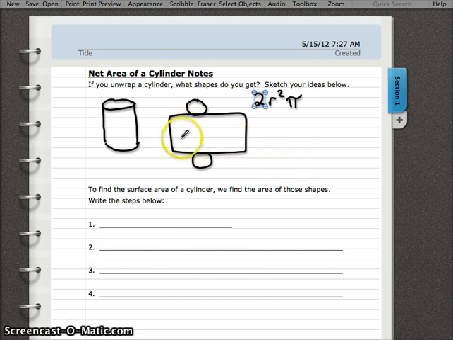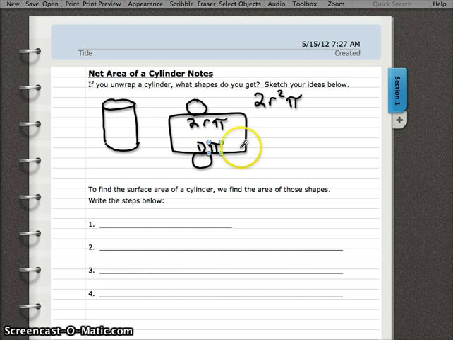The trick with the rectangle, however, is that normally you're not going to know this base length of your rectangle. But to figure it out, think about how this line wraps around the circle to give it that cylindrical shape. That must mean this length has to be equal to the distance around the circle in order to wrap all the way around it. So the length of our rectangle is the circumference of the circle. To find the circumference, you do 2 times your radius times pi, or d times pi.